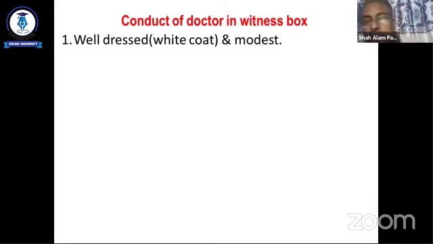Doctors may have to attend the court as a plaintiff, as a defendant, or as a witness.